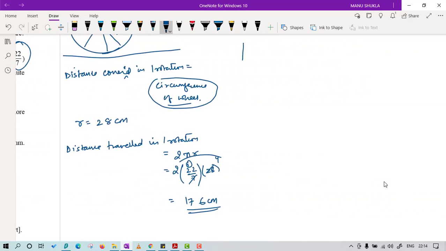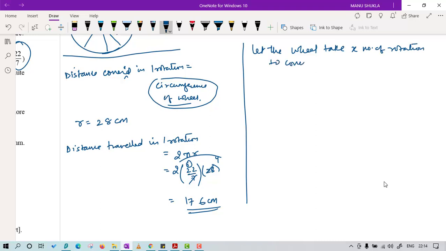So let us write over here. Let the wheel take x number of rotations to cover 352 meters.